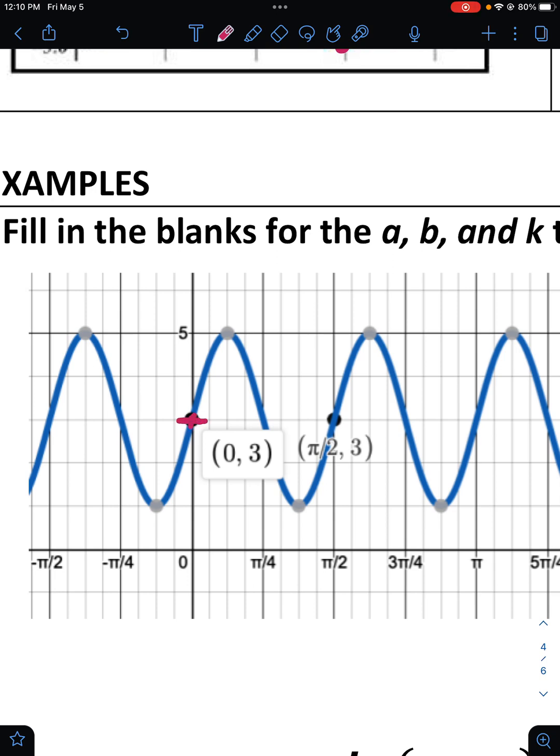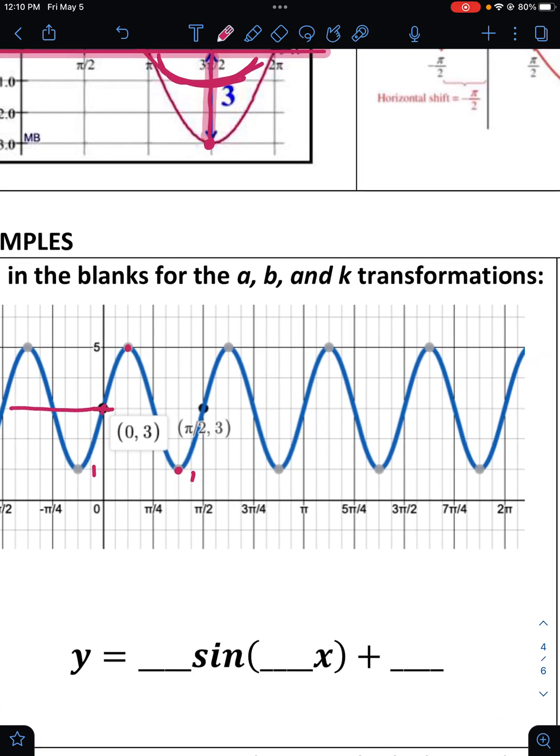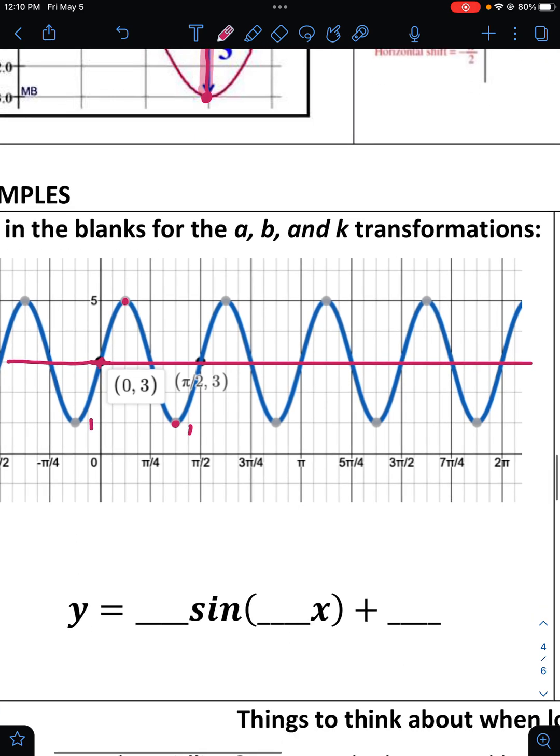My maximum y value is 5, and my minimum y value is 1. Okay. And so halfway between 5 and 1 is that 3. So the 3 is our midline. So let's just sketch that in there. So that means since our midline is at y equals 3, our k value is 3.